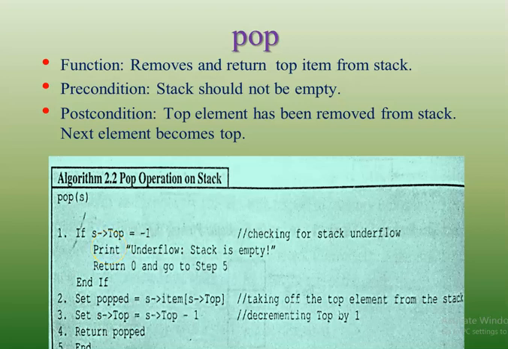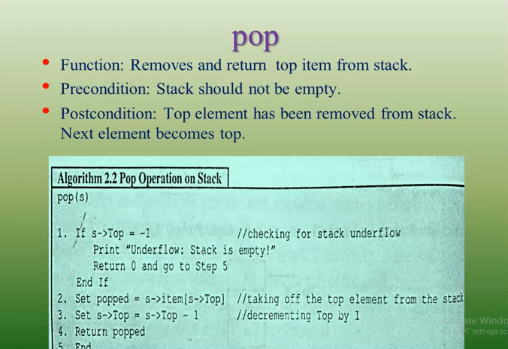So the difference between push and pop is that for push operation we are passing two arguments, the stack pointer as well as the item to be added. For pop operation we are passing only the pointer, the address of the stack. In the push operation we will be checking for overflow, that is whether the stack is full.